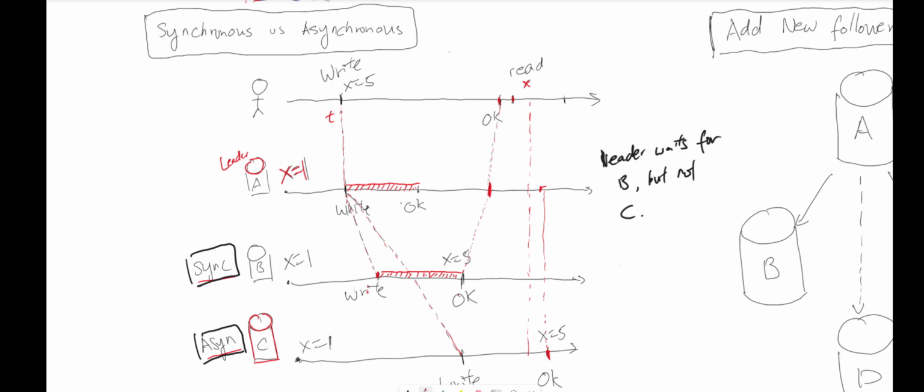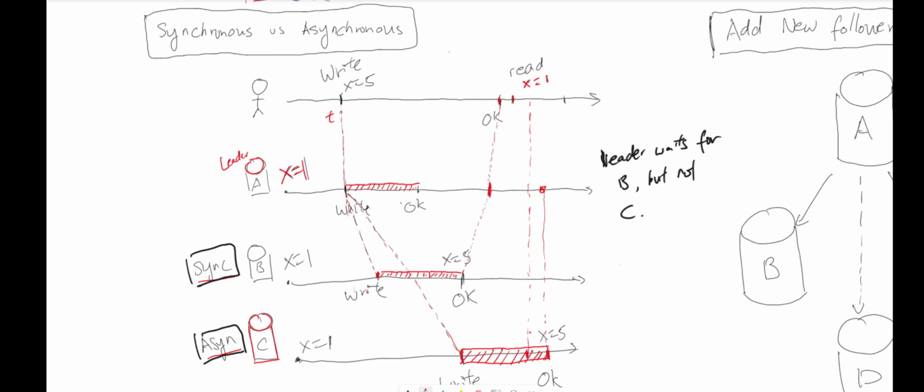So if the read requests land in between this timeline here, the client is actually going to see X as equal to 1 because the update hasn't completed.